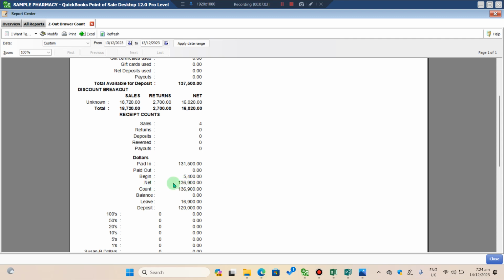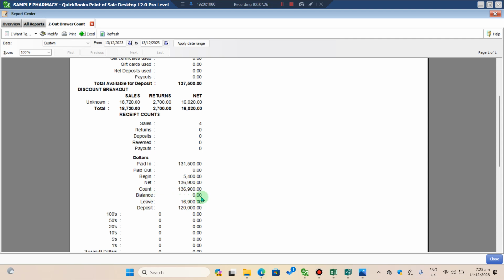So net 136,400. So the system expects that when I count the cash, the cash I count should be 136,900. Now my count has shown the exact amount, 136,900. It's verified. On the balance there is 0.